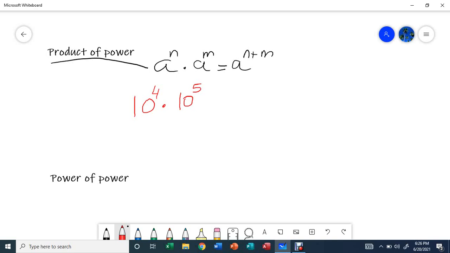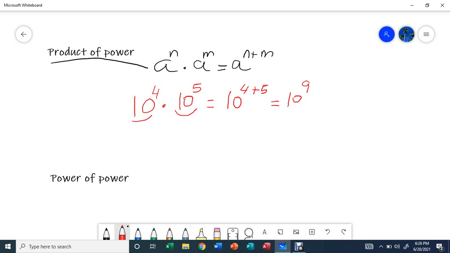As you see, we have the same base 10. I can use the rule. So keep the same base 10 and add the powers, 4 plus 5, which is 10 to 9.